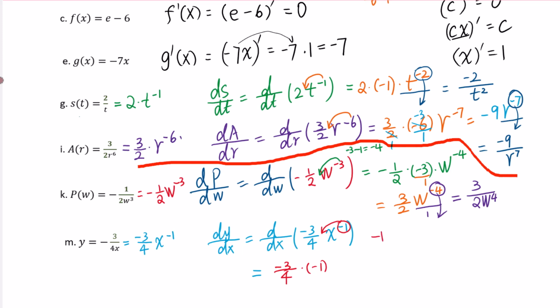Then negative 1 minus 1 equals negative 2 times x to the power of negative 2. Negative will be positive 3 over 4 x to the negative second power. We need to change negative exponent into positive exponent equals 3 over 4 x squared.